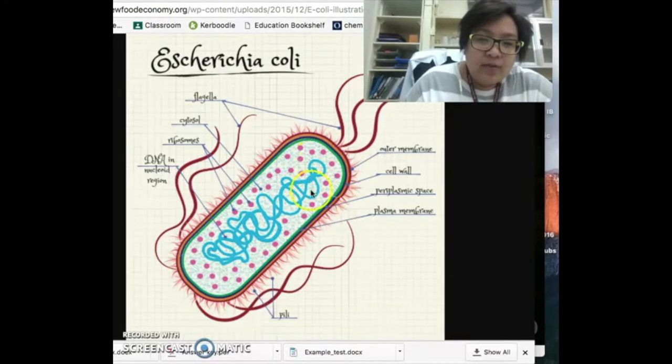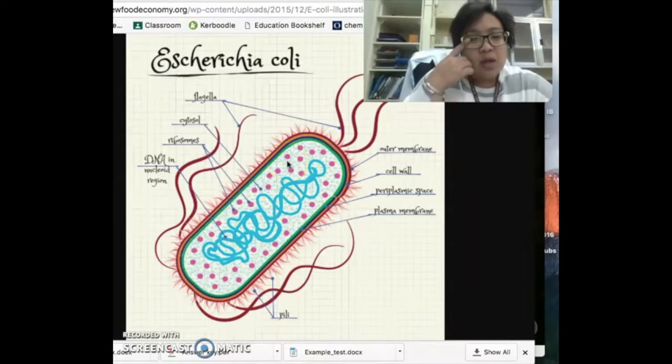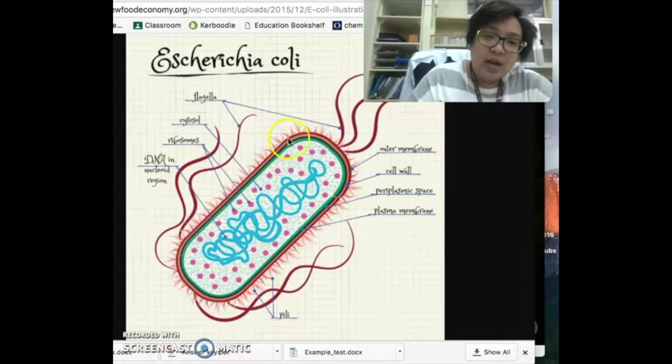Then it will have its genetic material free floating in the cytoplasm. There's no nucleus, so this area is called the nucleoid. And those pink dots or circles are your ribosomes. It will also have hair-like projections called pili, and longer projections called the flagella.